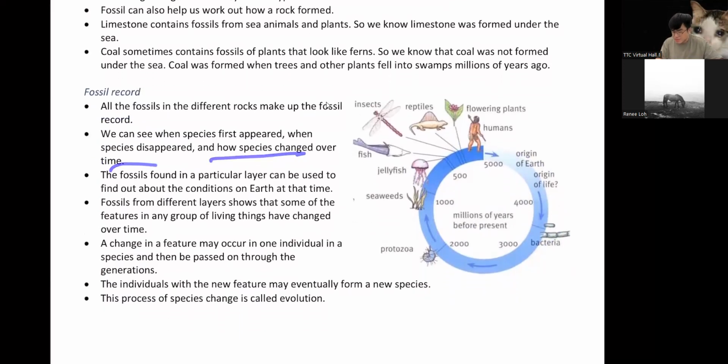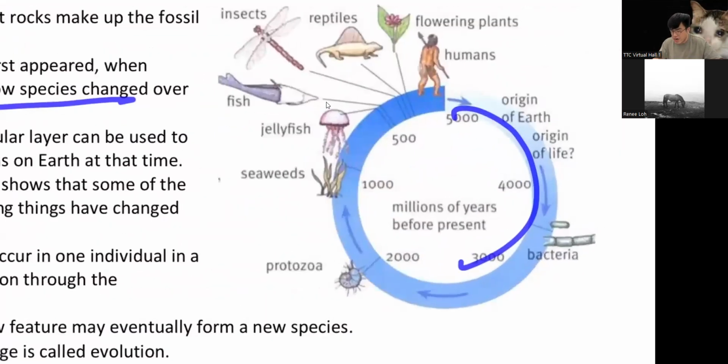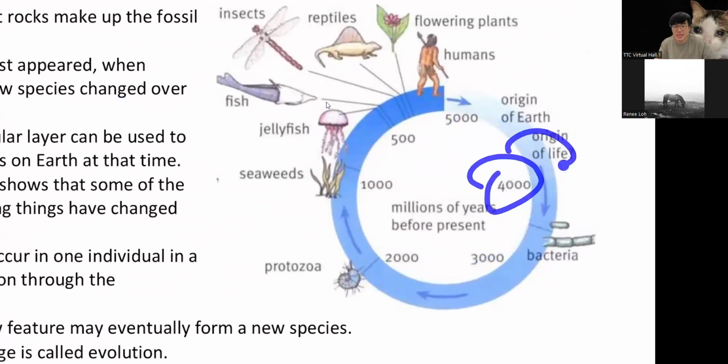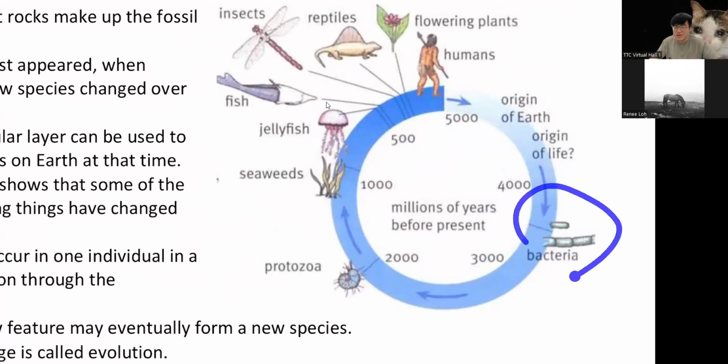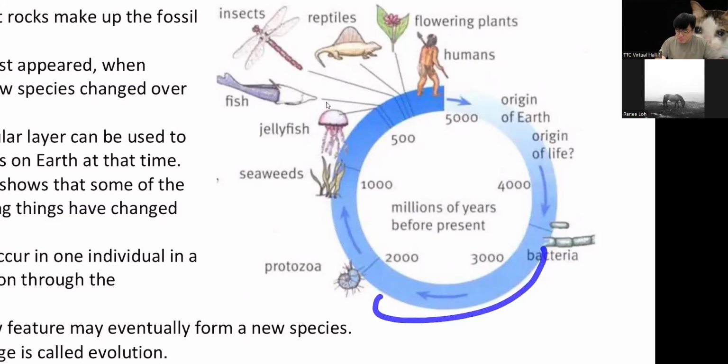Okay, so over the years, 你看 origin of life, 他们是讲 around 4 billion years ago, life starts to form. And at that time, life was only very simple, like one cell. 以前的 life 全部是一个 cell 来的. So bacteria was the earliest form of life. Bacteria 是最早的生物。Bacteria 的祖先是很久了的, and then they will start to change into protozoa.